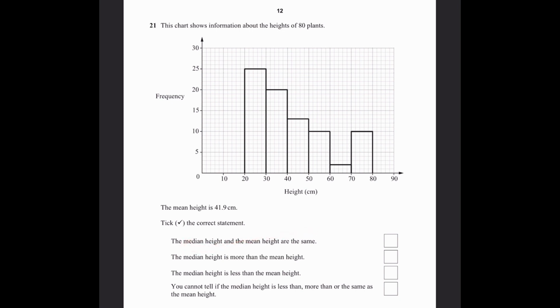The median height is more than the mean height. Well, now we can actually take a step to calculate the median class. So the 40th plant will be the median class, right? The median height. And that 40th one, since there's 25 here for 20 to 30, and then 20 here for 30 to 40, that's 45.